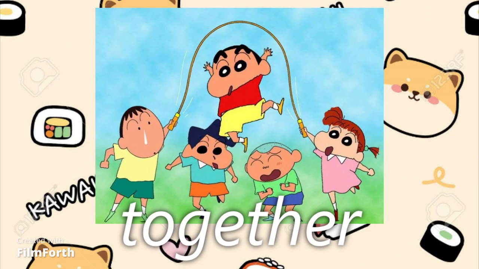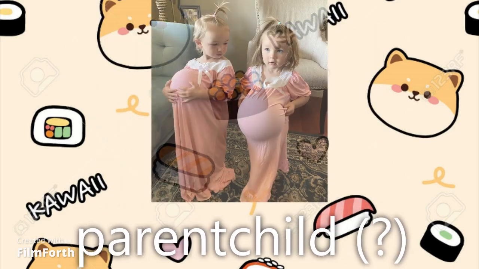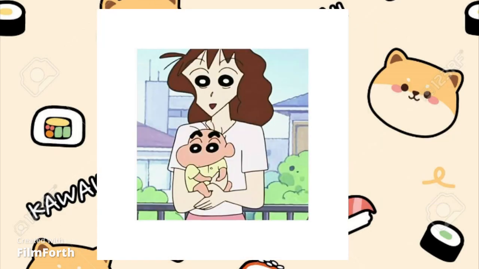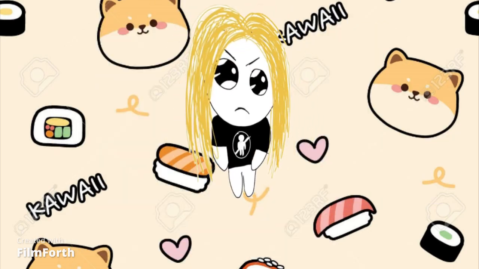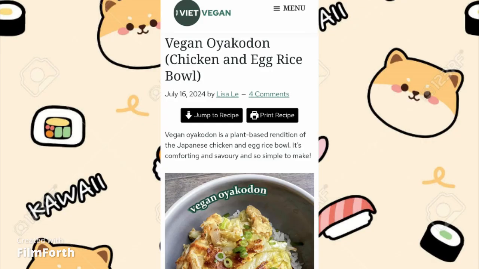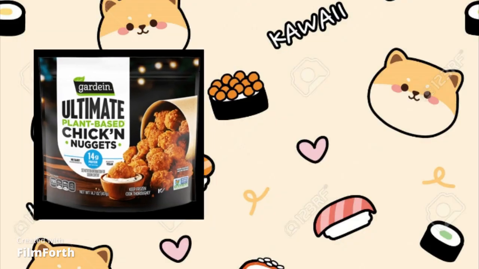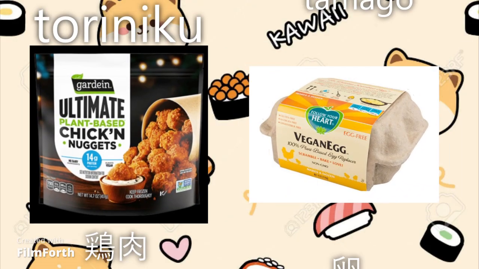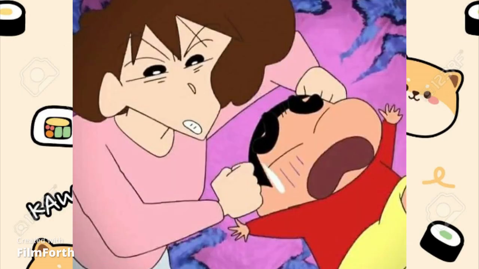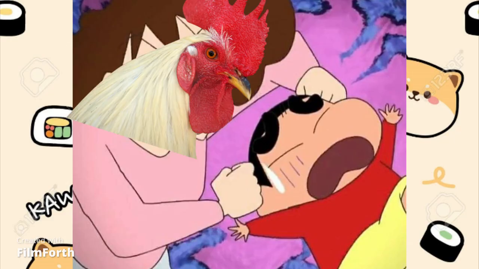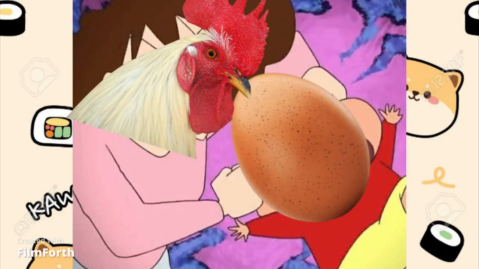So together it directly translates to parent-child, but it means parent and child. There's actually a Japanese dish called oyakodon. It's a rice bowl, donburi, with chicken, toriniku, and egg, tamago. It's called oyakodon because the chicken is the parent and the egg is the child.